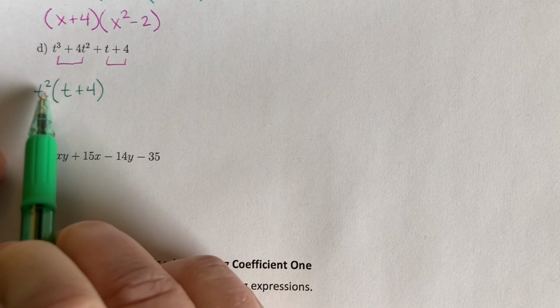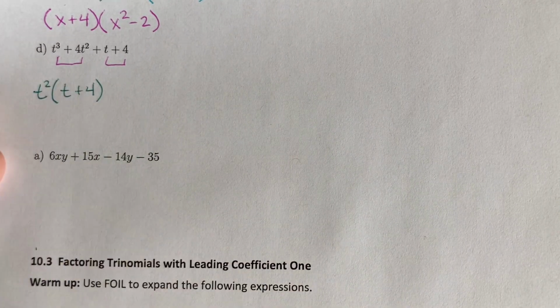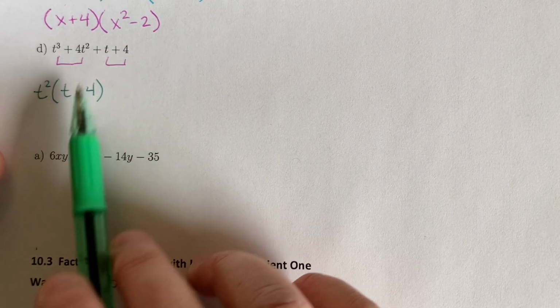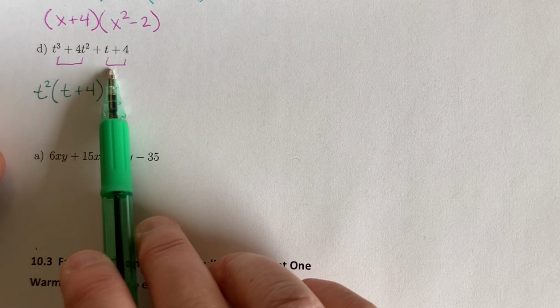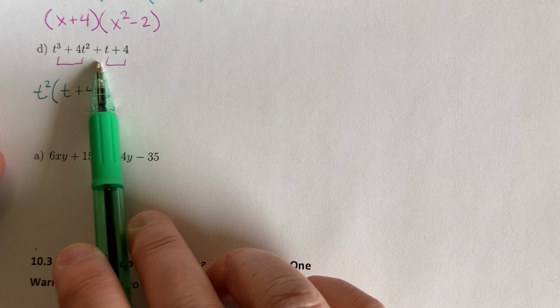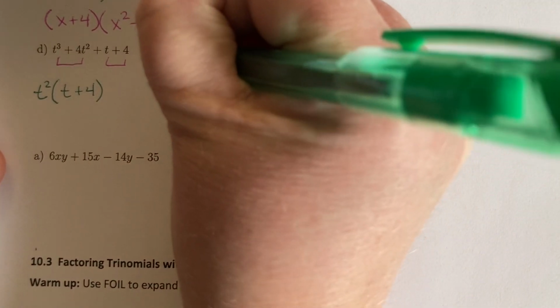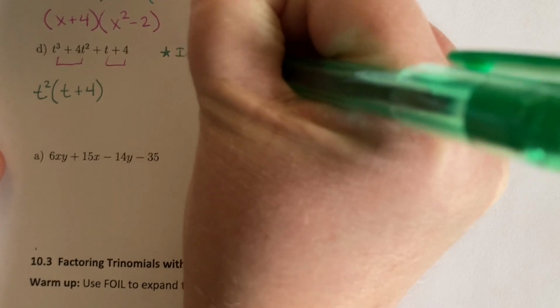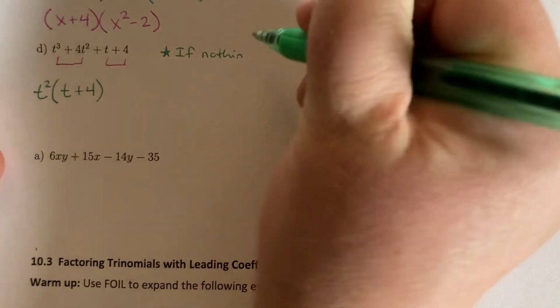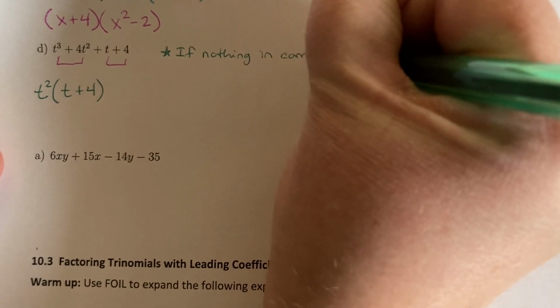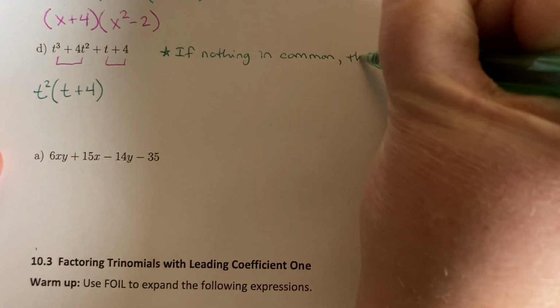And you could, of course, check by multiplying it out. Well, I know I want t plus 4. There's no GCF here. If there's nothing, no factors in common, then the GCF is 1.